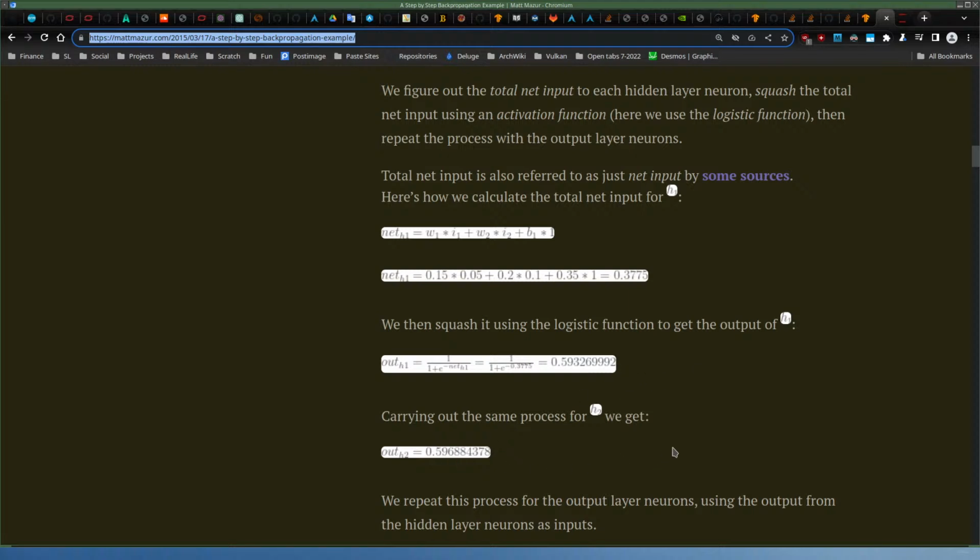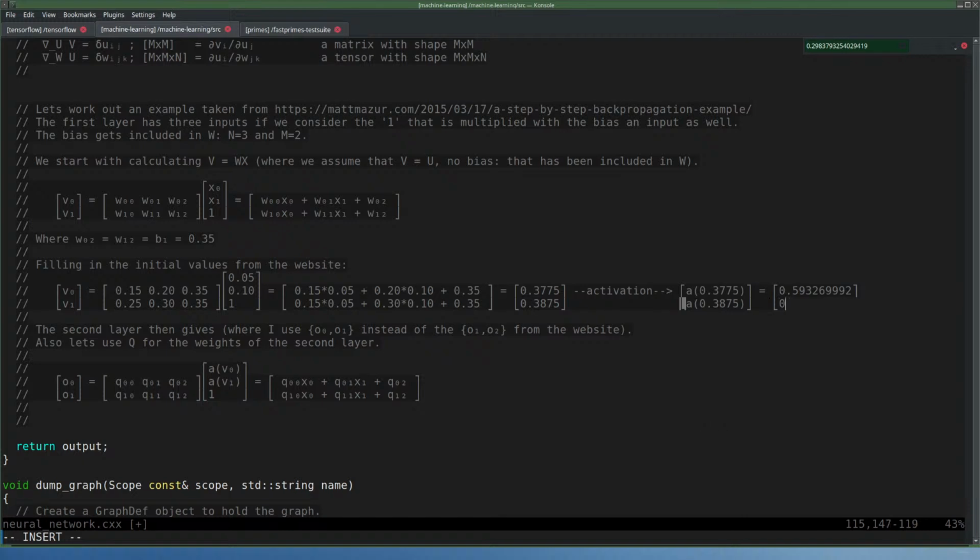And that one is this one. 59688, 4378. B2 is 0.6.